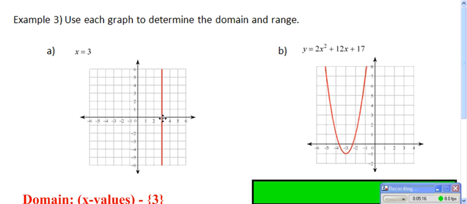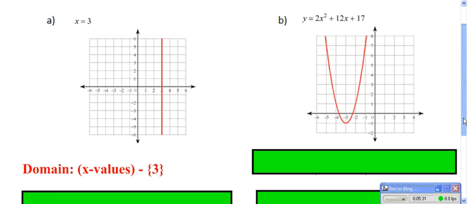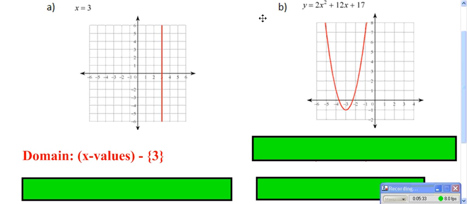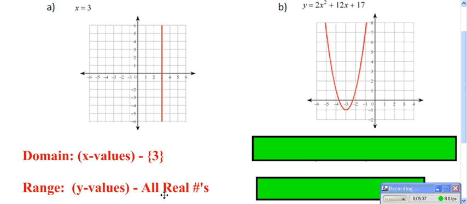If you think about it, you have 3, 0, 3, 1, 3, 2, 3, 3, 3, 4. Below you would have 3, -1, 3, -2. So your x value is always 3. Your y value in this case, with the graph going on forever in both directions, we would state that our range, y value, would be all real numbers. It covers all real numbers.